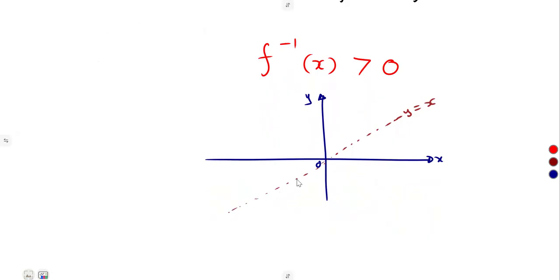So what it simply means is that let's just take an exponential function so that we can understand here. If we have an exponential function which has the y-intercept at 1, we can have that reflected in the line y is equal to x in this manner.